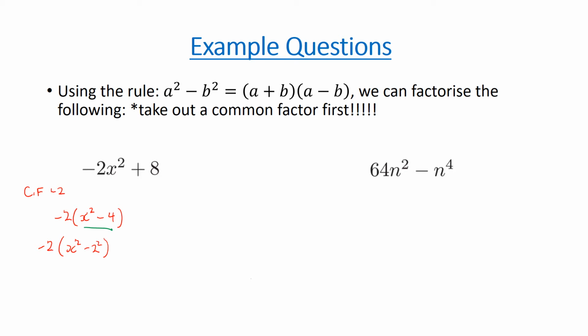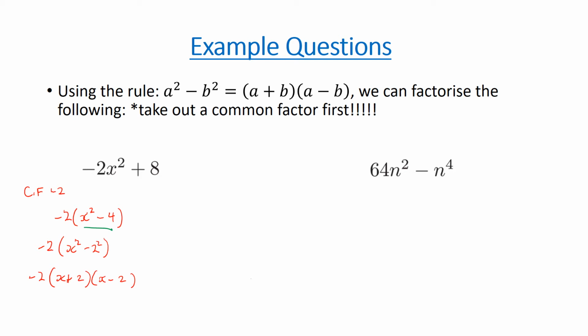Now we're taking the difference of two squares. We can see straight away that we're going to have an x and a 2 inside each bracket, and we just end up with a plus and a minus.